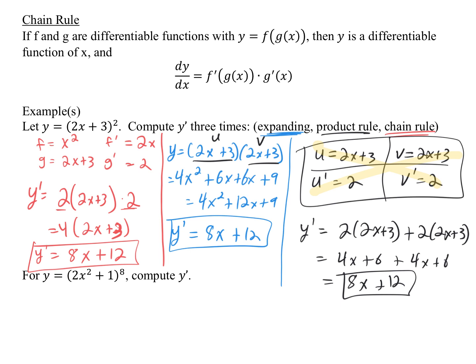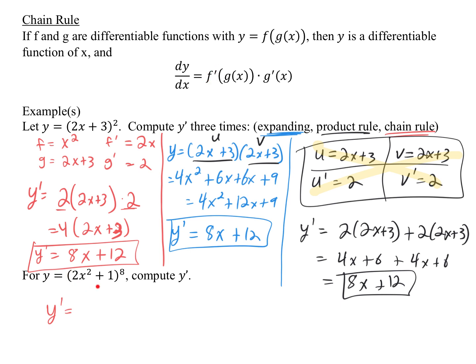The efficient method is we're going to use the chain rule. So let me switch over to red, because apparently that's what I'm using for the chain rule on this page. What the chain rule says is we start the derivative by computing f prime.